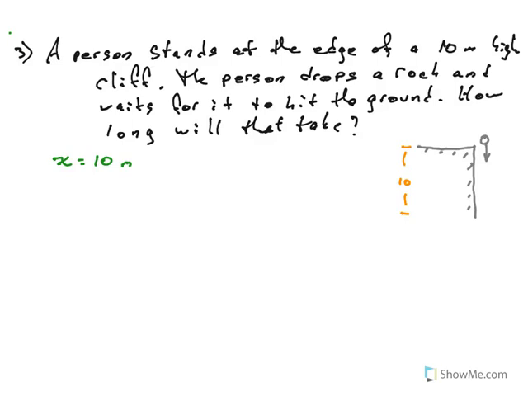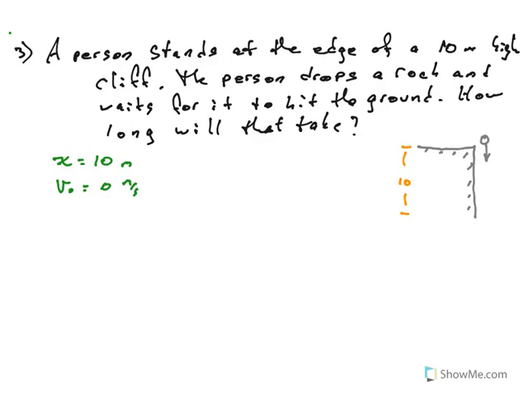What else do I know? The person drops the rock. Okay, that means something special. They didn't throw it. They didn't throw it up. They didn't throw it down. They just dropped it. That means the initial velocity of this rock was 0. Okay, it just fell out of the hand. So the very, very beginning velocity was 0.